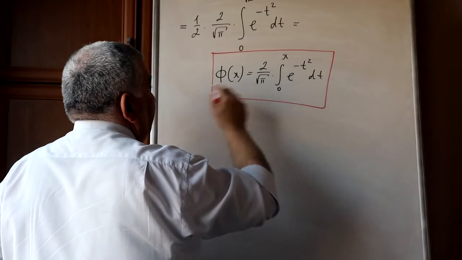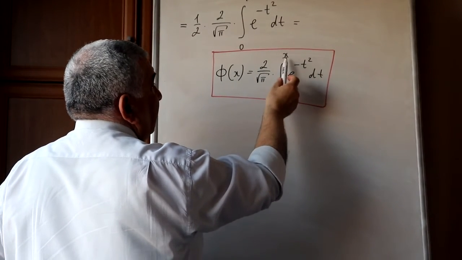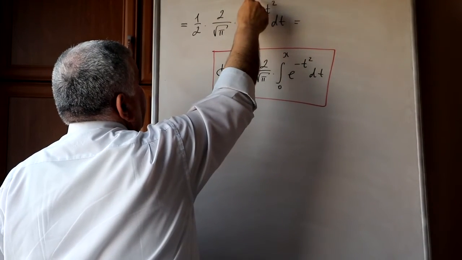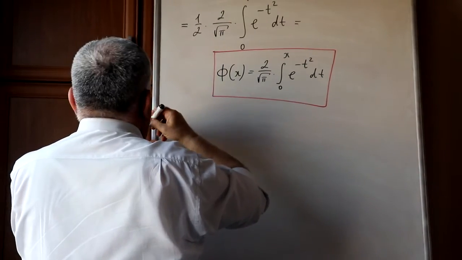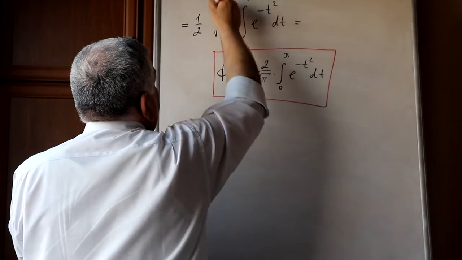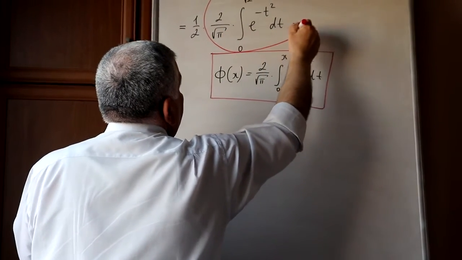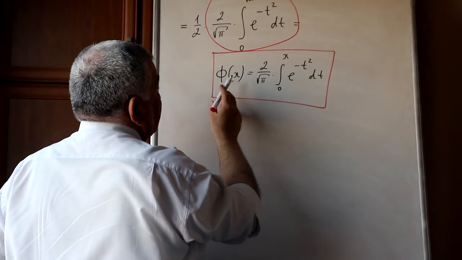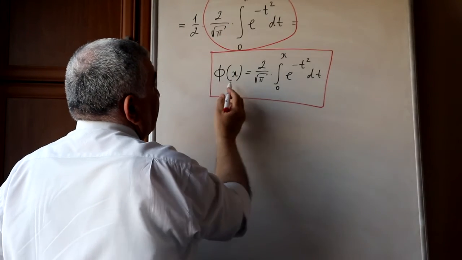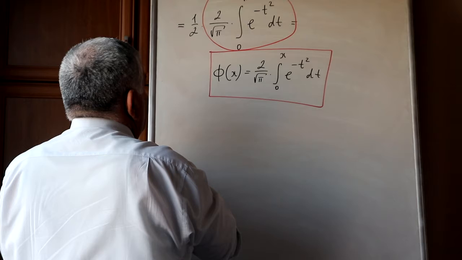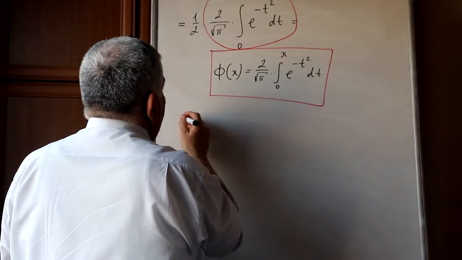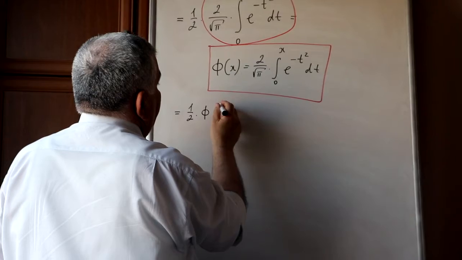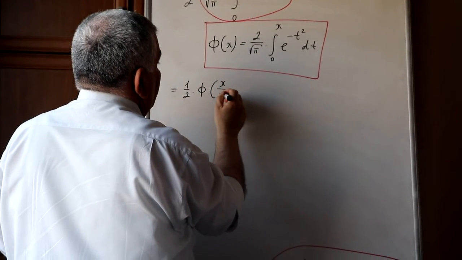Here the upper integral limit is x, but here the upper integral limit is x over square root of 2. It means we must substitute x over square root of 2 instead of x in this formula. Therefore it is 1 half multiplied by phi of x over square root of 2.